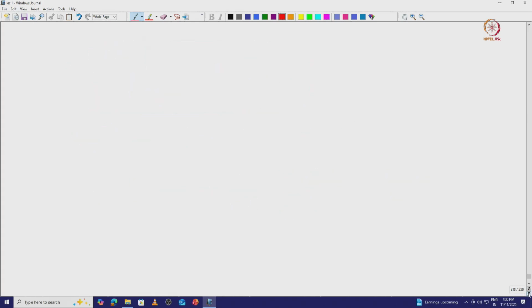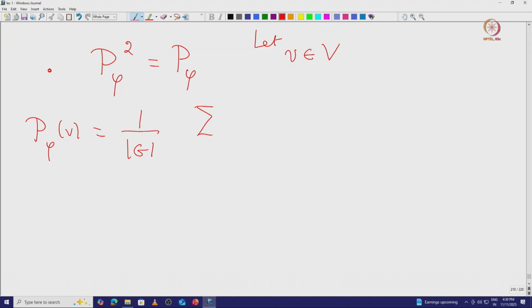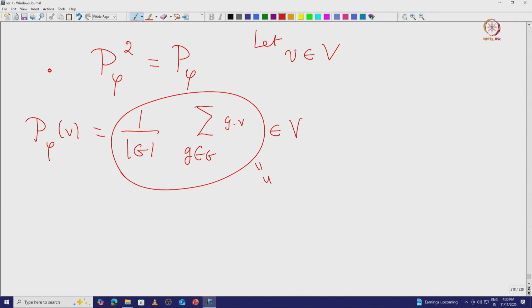Indeed, one can check this is indeed a projection, that means the square of P is going to be itself. So, let us verify this. Let us take some vector v in capital V, then let us apply this P phi on this vector, which is going to be 1 divided by the cardinality of G, summation of g dot v, g in G. Now, note that this element is going to be some u which is there in V^G.